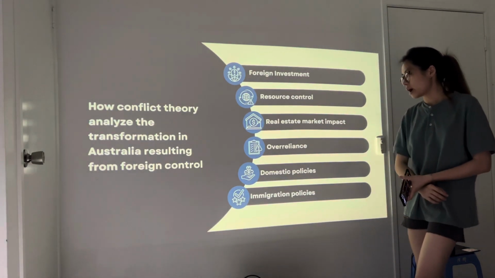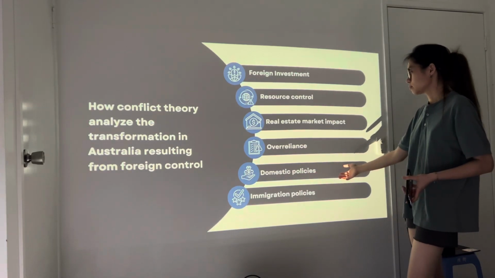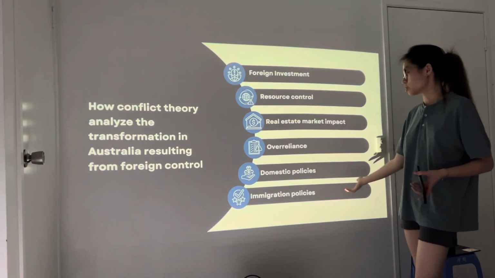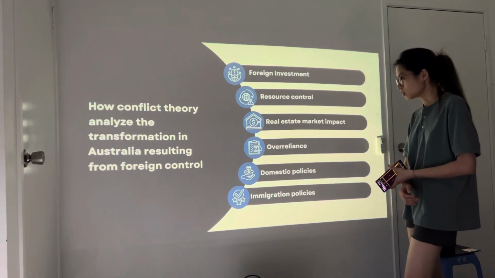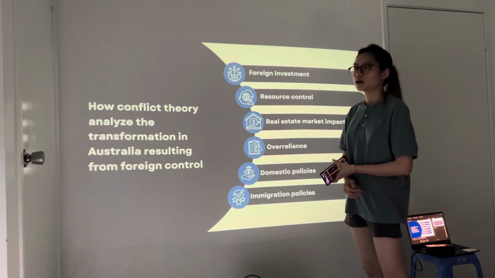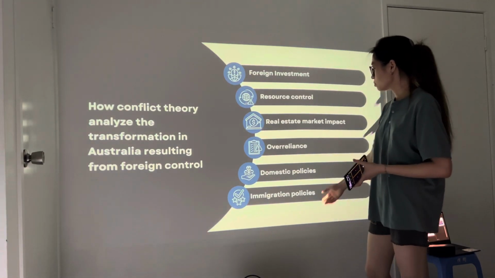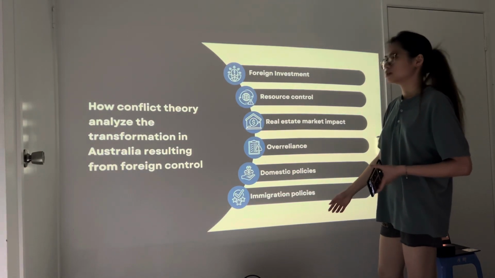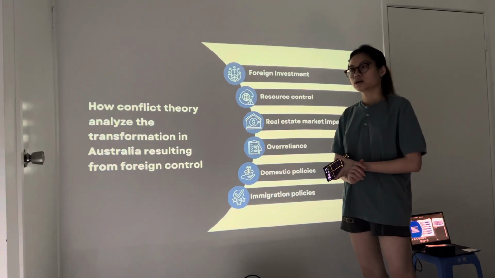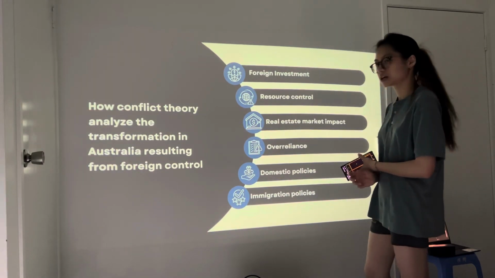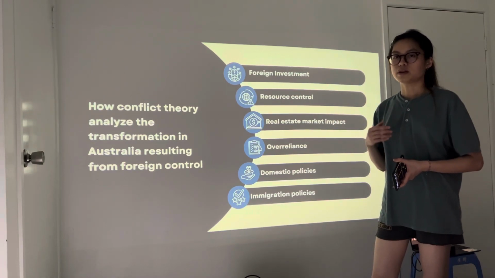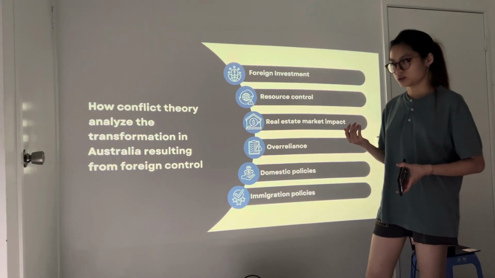Australia will have to make some changes to domestic policy, including immigration policies. There are a lot of immigration policies that allow people to invest in the real estate market in order to apply for permanent citizenship.